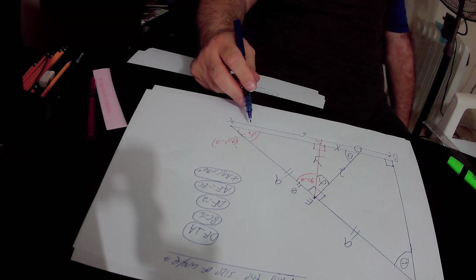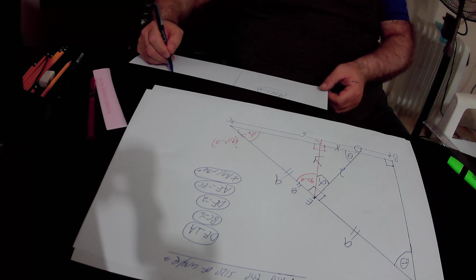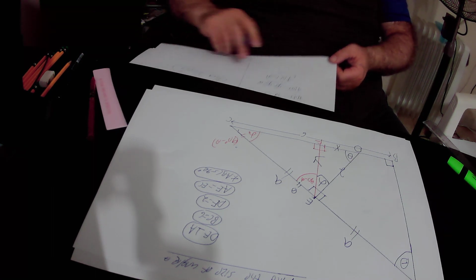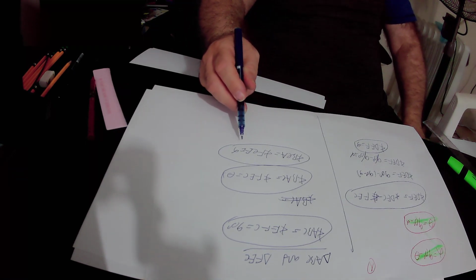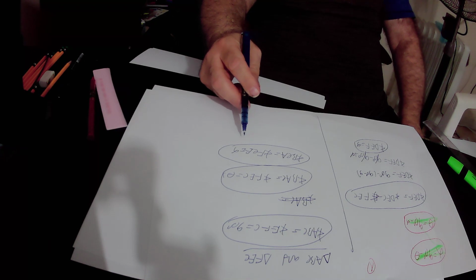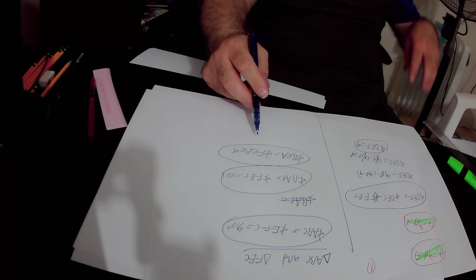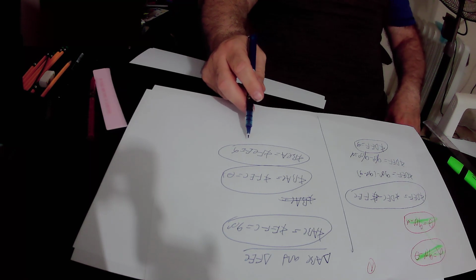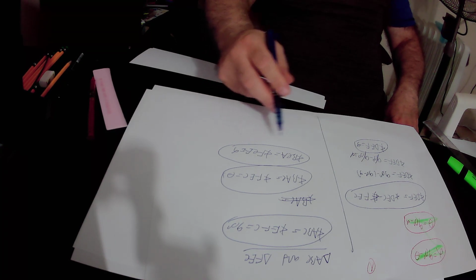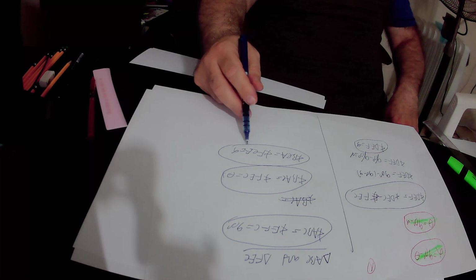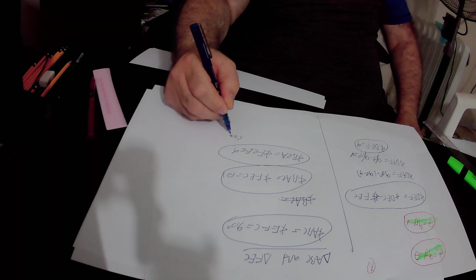I called them by two different names, and it equals alpha. Here we found out that angle BCA equals angle FCE equals alpha. So it is the same angle alpha. We call them by two different names in order to emphasize that this angle belongs to both triangles. That is to say, it belongs to triangle ABC, and it also belongs to triangle FEC. So it is a common angle.